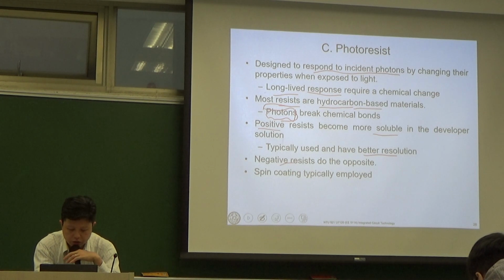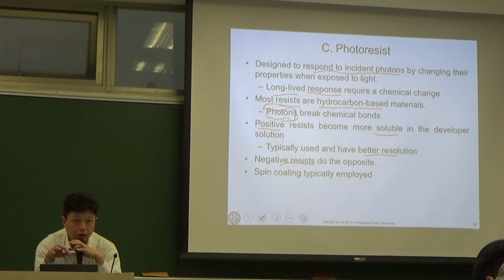And negative resist does the opposite, right? If you have a photo reaction, it becomes insoluble in your developer solution. Okay, so these are liquid chemicals. You can use spin coating or spray, this kind of technique, to apply it on your silicon wafers.